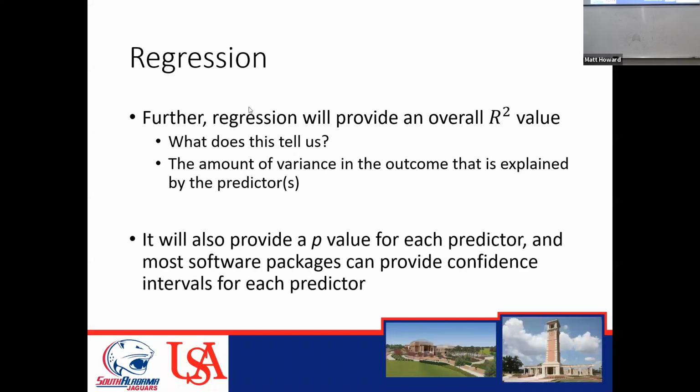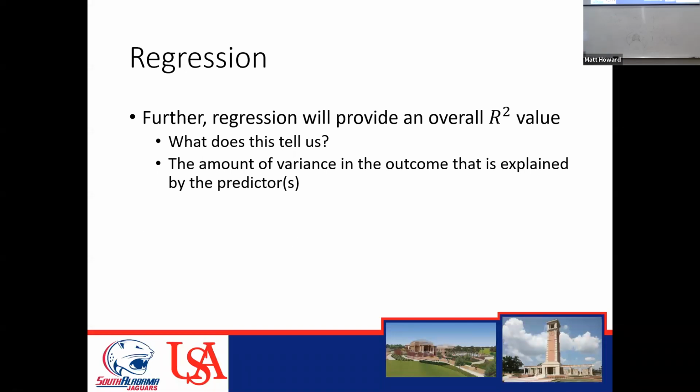So pretty much this just tells you how well your predictors explain your outcome. Your r squared gives you an overall estimation of how well your predictors explain your outcome.